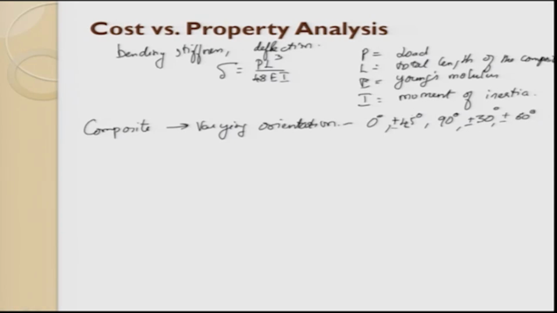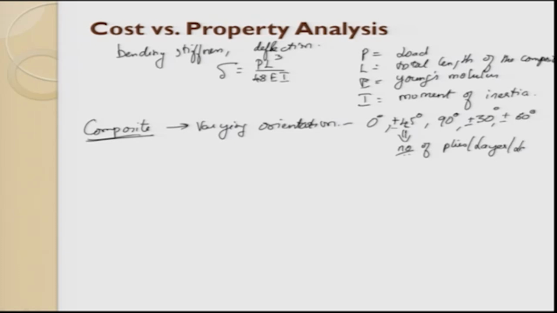So if I wanted to determine for a composite material with varying orientation, this information alone does not end it. I also have to say the number of plies I use. That means the number of plies or number of layers.